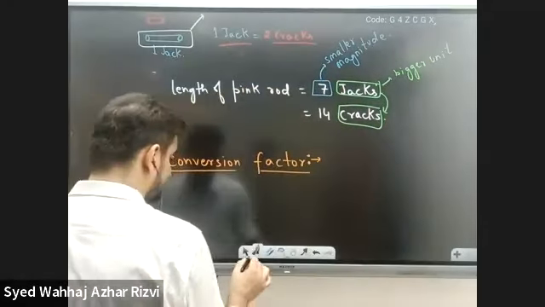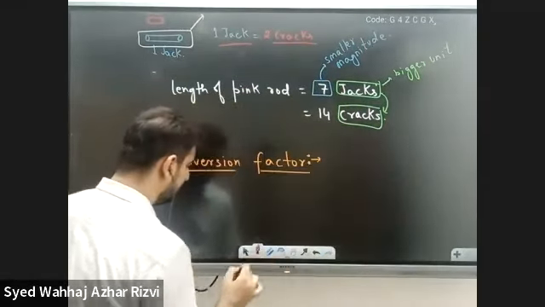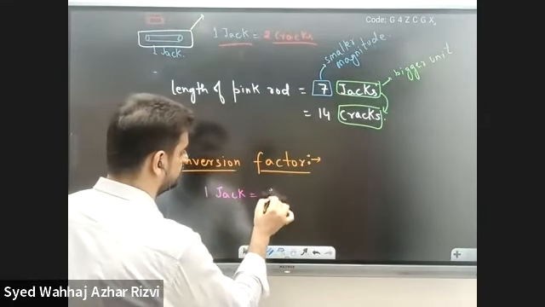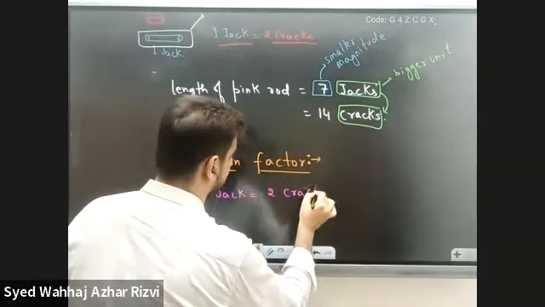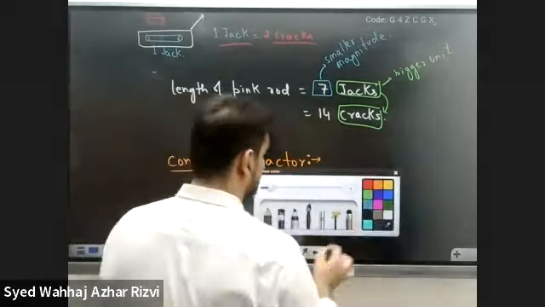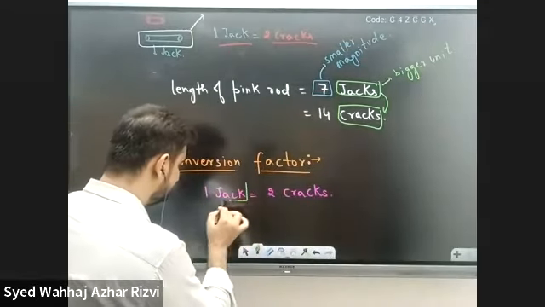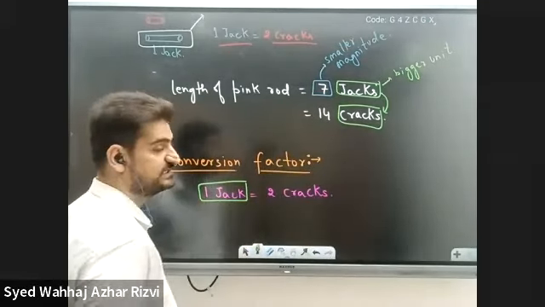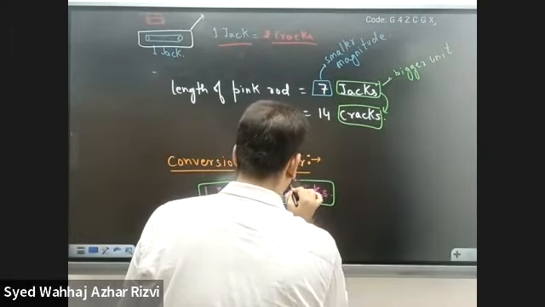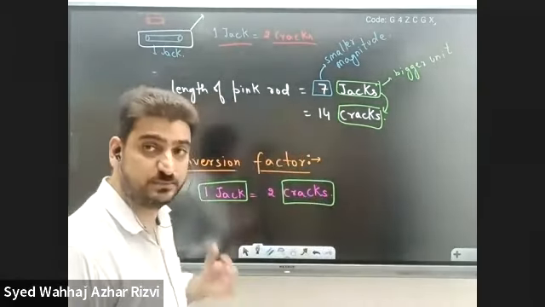In the same case, we can write 1 jack equals 2 cracks, right? 1 jack equals 2 cracks. Now what is jack? Jack is a standard unit, a standard quantity. And crack is also a standard unit or standard quantity. Yes, we have made it.